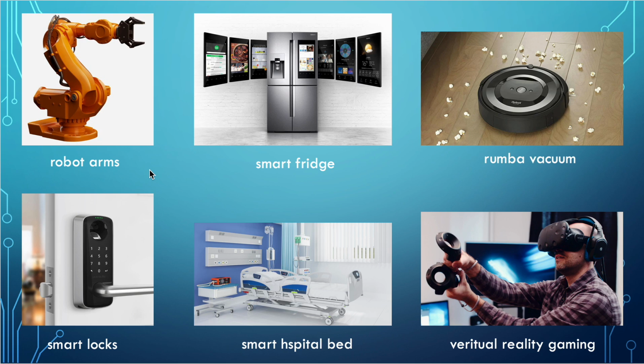But now in the construction field and other manufacturing fields, robotic arms are used heavily to automate production lines, and they work with each other as devices, creating an IoT network, right?